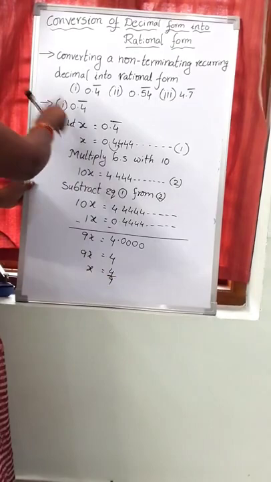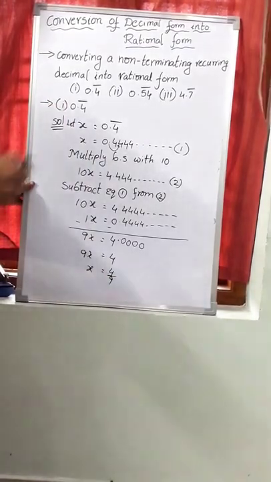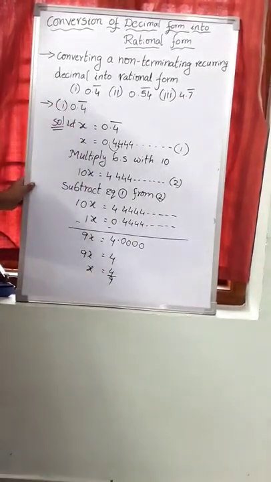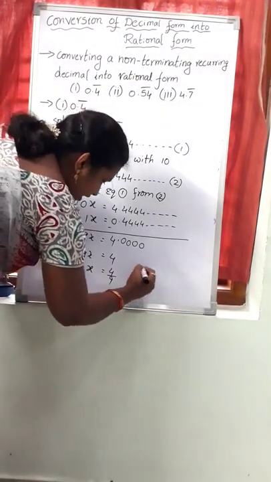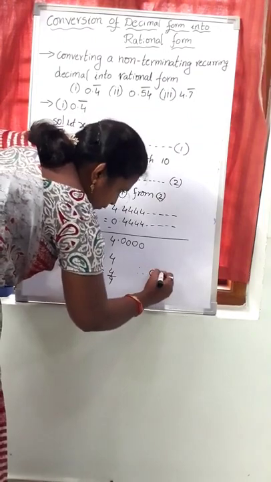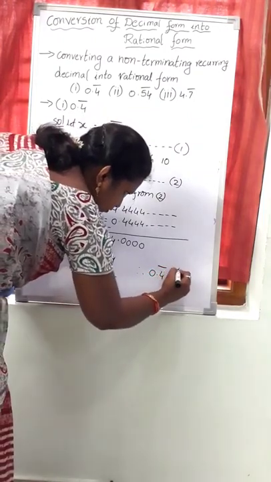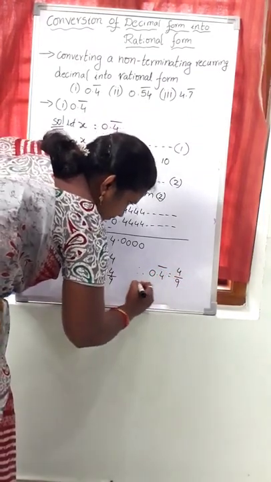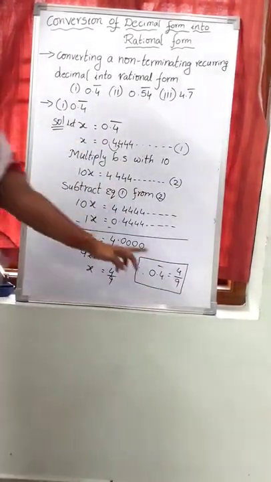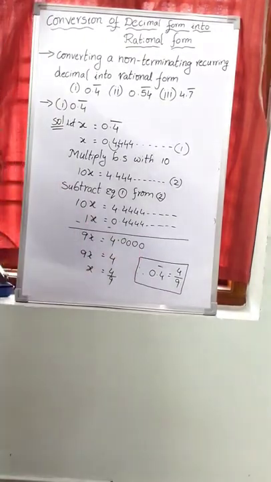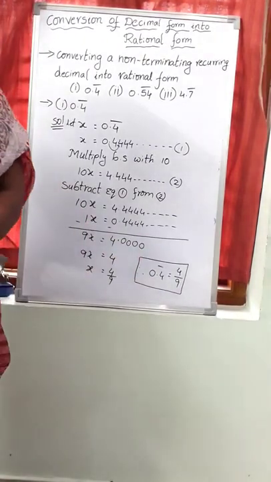Here what is x? First of all we have taken x is equal to the given number. So therefore we can write it as 0.4 bar is equal to 4 by 9. So this is the rational form of the given non-terminating recurring decimal.